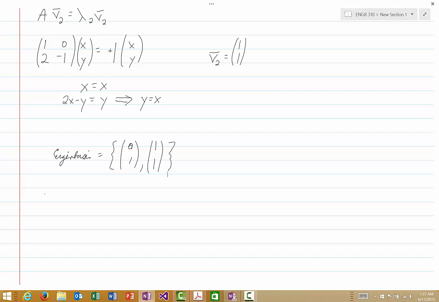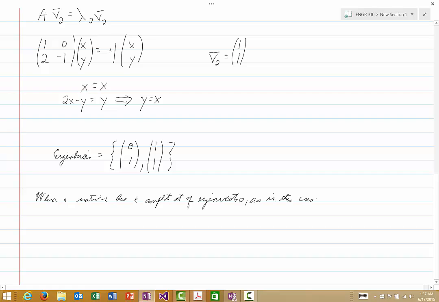But let's just say when a matrix has a complete set of eigenvectors, as in this case, we can diagonalize the matrix.